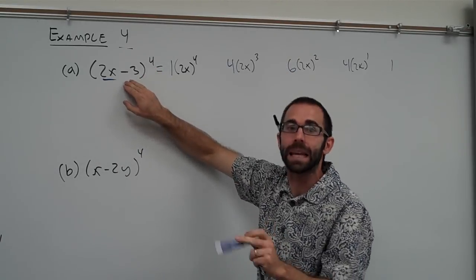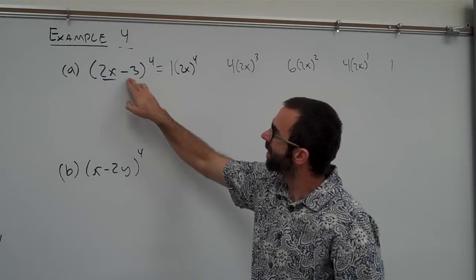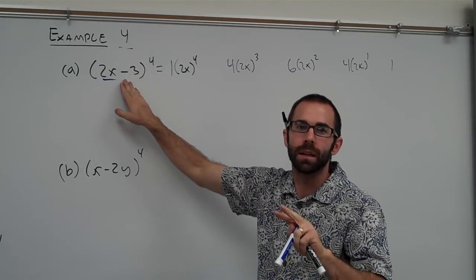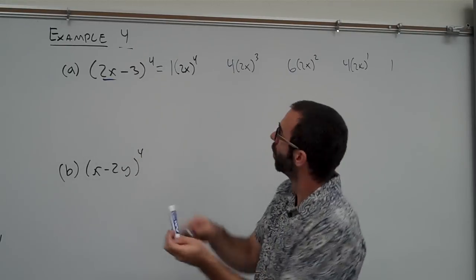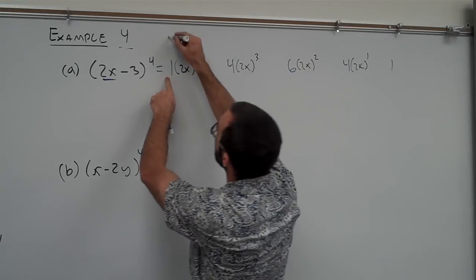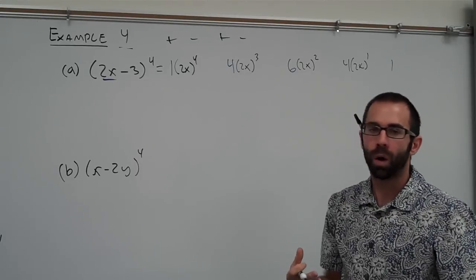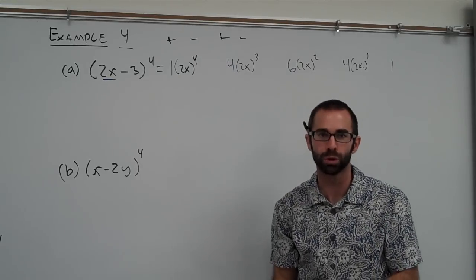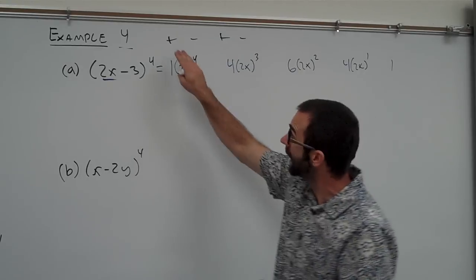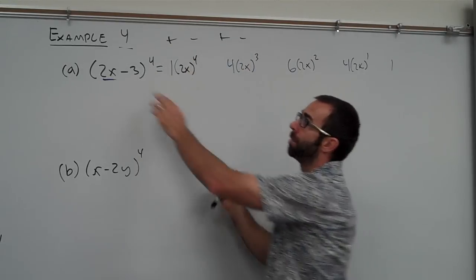Think of this as -3, because when you have a minus sign, the pattern alternates. I already know that the answer will be positive, negative. But we don't want to just teach you all these little rules. We want you to understand why it's positive, negative, and you'll find out why by plugging in -3.